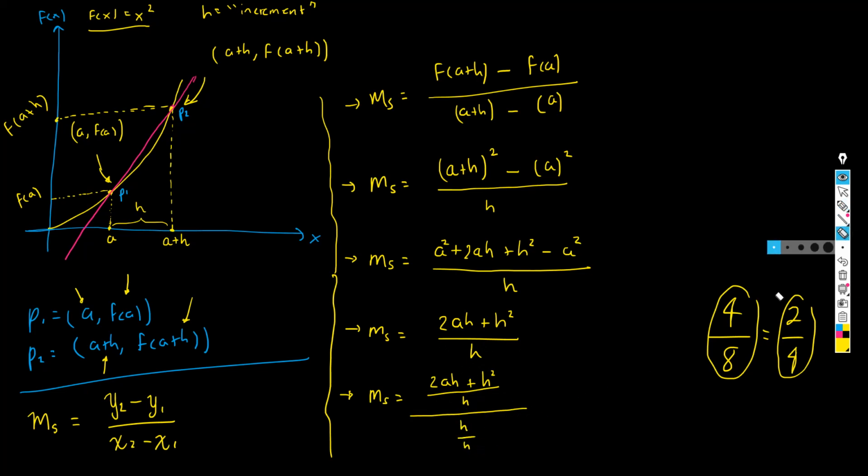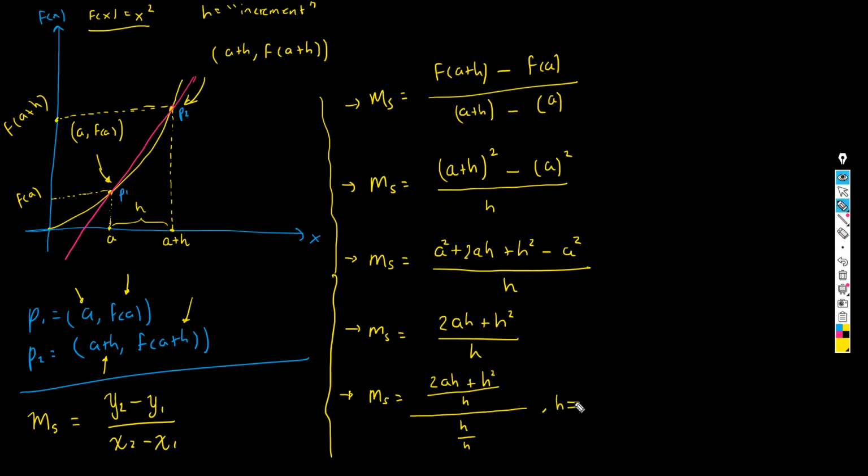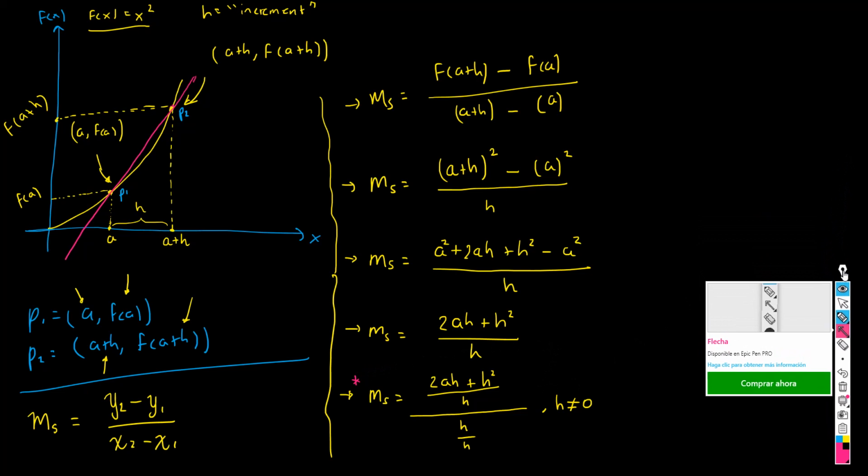And I'm going to make the precise annotation, the precise requisite, that h cannot be 0. h has to be different than 0 in order to perform this very important step. And like I said before, I'm going to mark it with a star, this is one of the most important parts in this section. Okay, now let's carry out the division.